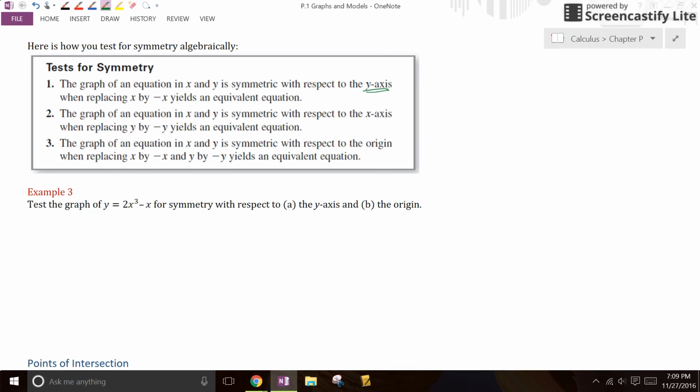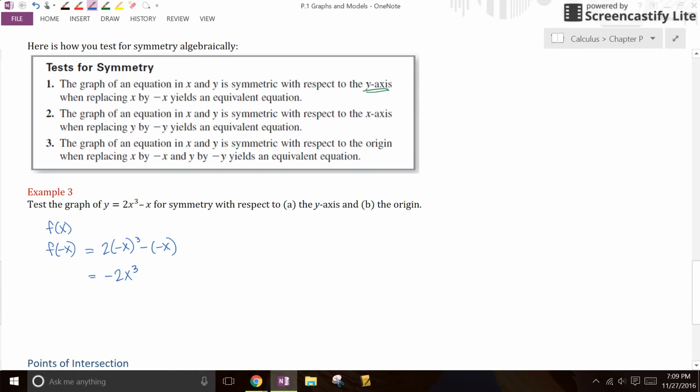What I do is I take the original equation and I plug in a negative x. So in other words, wherever the x's are, I put a negative x in, right? So I took that equation, and I plugged in a negative x. Then I simplify it down a little bit. All right, negative x cubed is still going to be negative. So this is going to be negative 2x cubed.